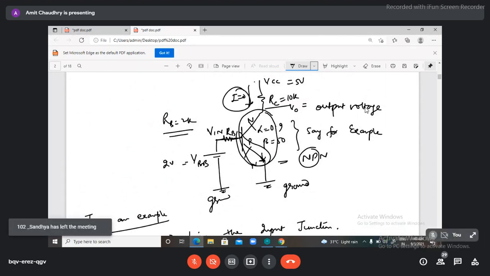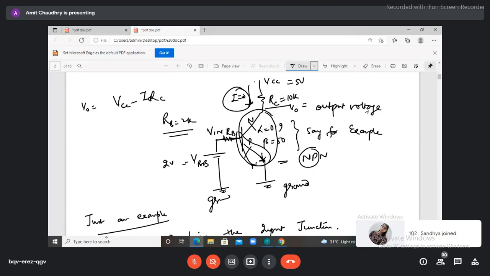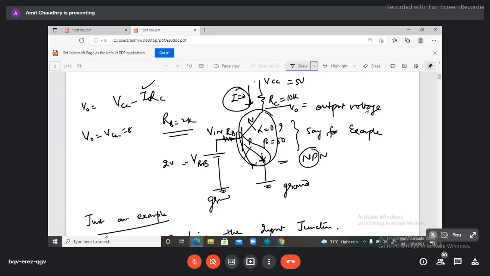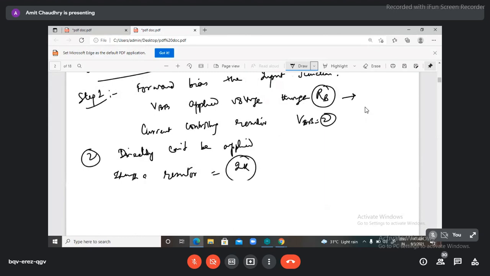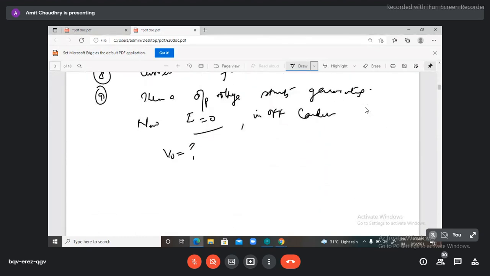So what will be the output? Output V0 is equal to VCC minus IC into RC. If you use Kirchhoff's law here, I is 0. So what is V0? V0 is equal to VCC, equal to 5 volts. So that is an off condition. This is equal to 5 volts.